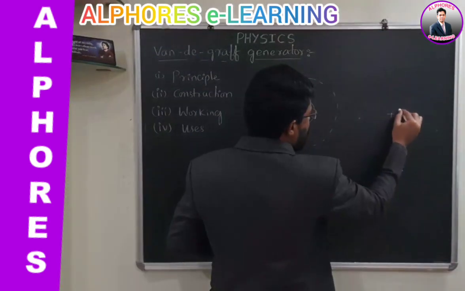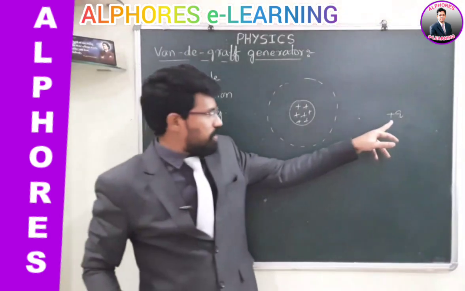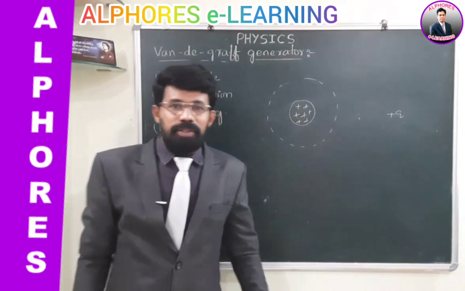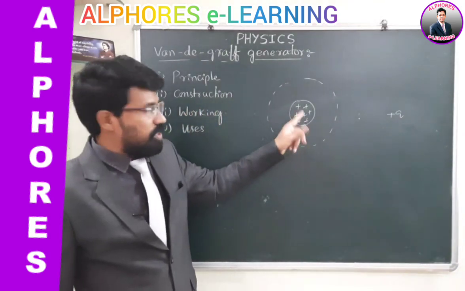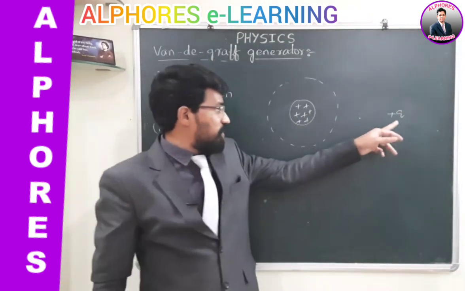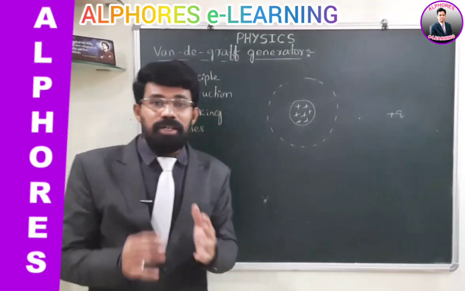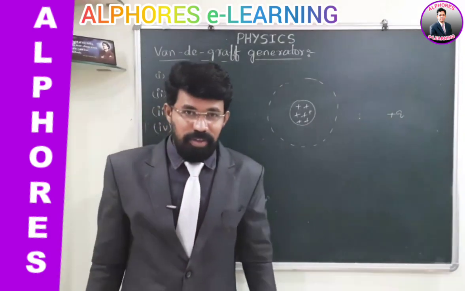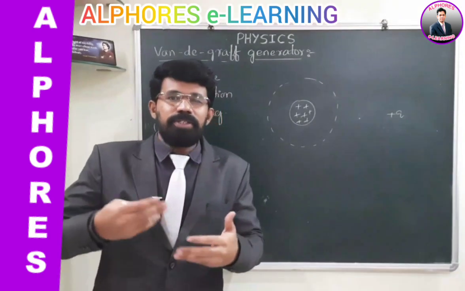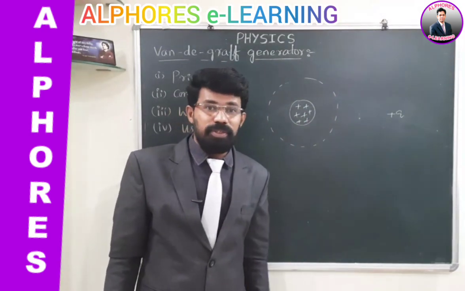I have taken one plus Q charge, and I want to project this plus Q charge straight ahead towards this nucleus. I want to bombard this one. What happens? Obviously, when this plus Q approaches this nucleus, since this is positive, both repel each other, and the repulsive force builds up significantly. Why?